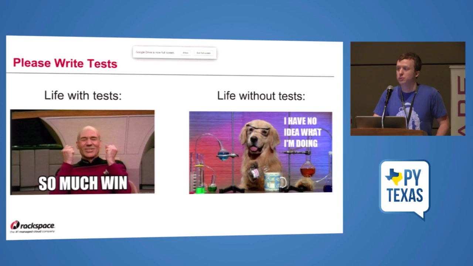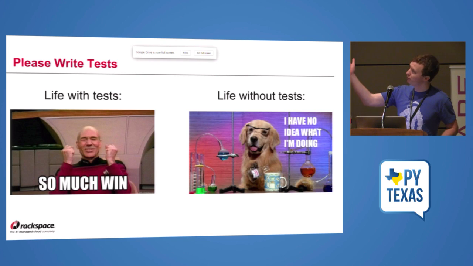So, one of the biggest things that you can do to make your project production ready is to write tests. Here you can see Picard on the left. He's having a great time because he wrote tests for his project. They're passing all the time, so whenever he makes a change and makes all the tests pass, he's really happy.